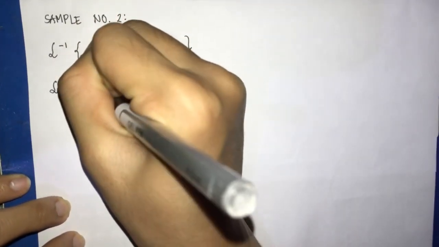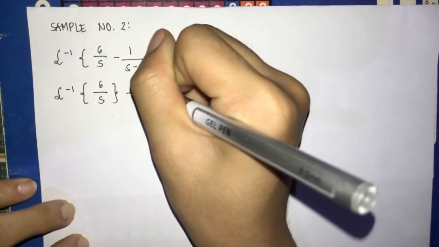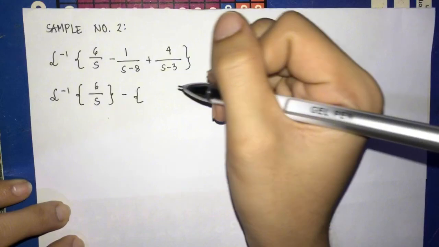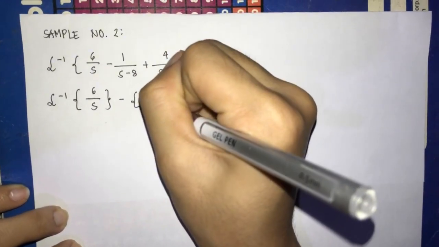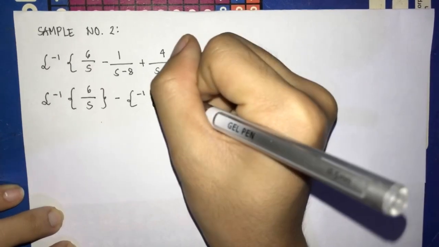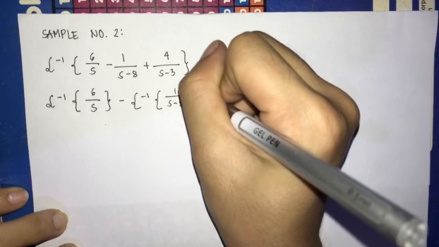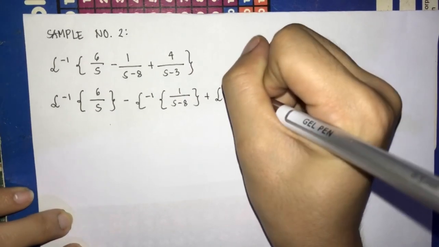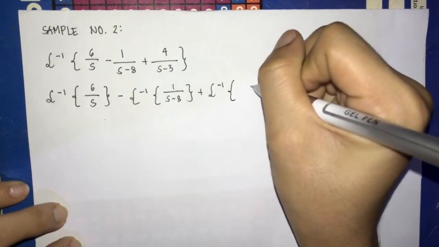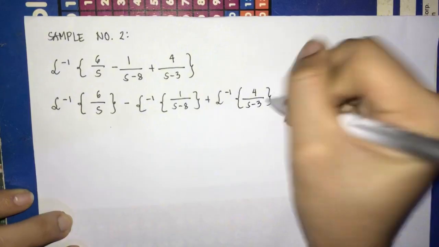So the inverse Laplace of 6 over s, minus the inverse Laplace of 1 over s minus 8, plus the inverse Laplace of 4 over s minus 3.